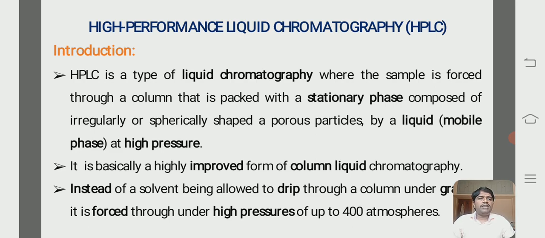HPLC is a type of liquid chromatography where the sample is forced through a column that is packed with a stationary phase, which is composed of irregularly or spherically shaped porous particles, by a liquid which is a mobile phase at high pressure.